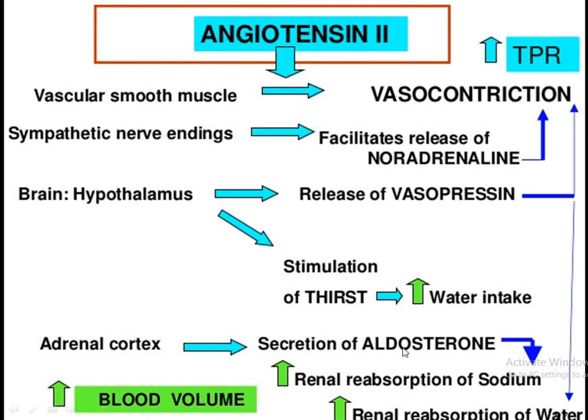Aldosterone secretion takes place, and all these effects combine. What is the end result? Total peripheral resistance increases, vasoconstriction is there, renal reabsorption of sodium is there, renal reabsorption of water is there, so that there is increase in the blood volume and increase in the blood pressure.